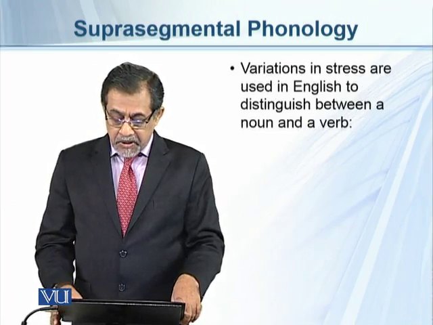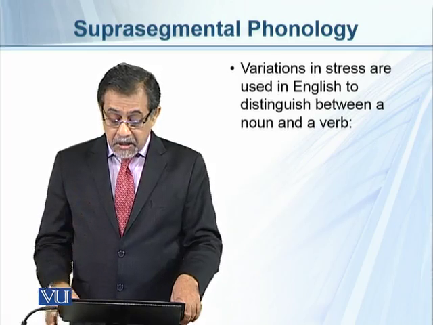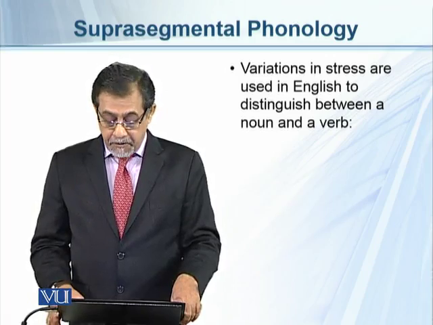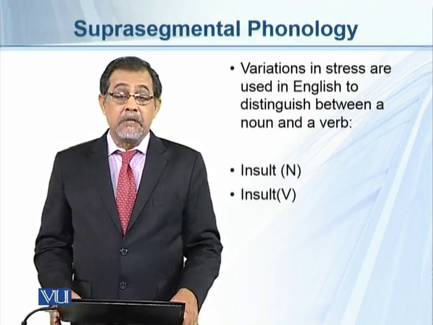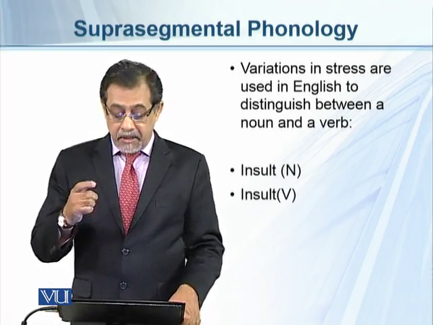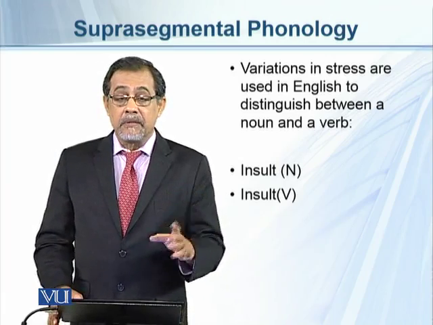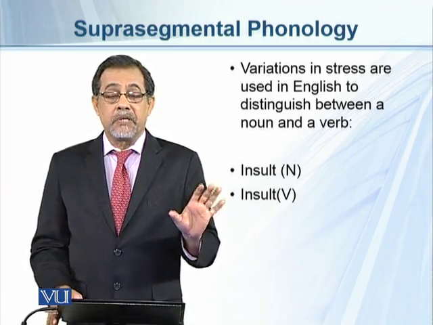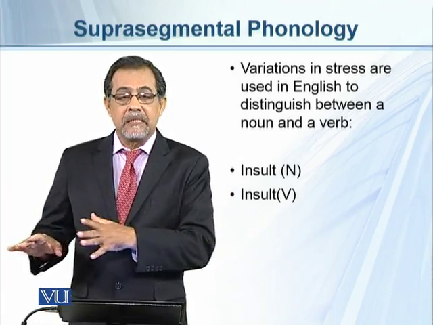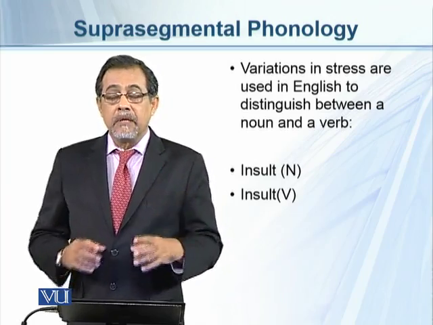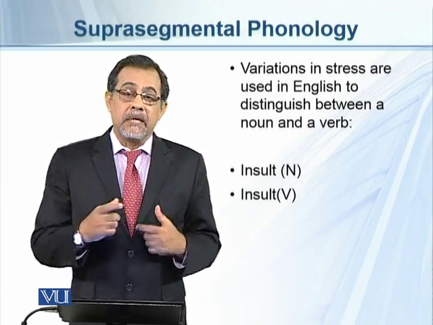Variations in stress are used in English to distinguish between a noun and a verb. For example, we have these two words, one is a noun and one is a verb. We pronounce the noun as insult, giving the first syllable stress. This consists of in and sult, two syllables. When they join, we say insult, meaning that now we are talking about a noun.